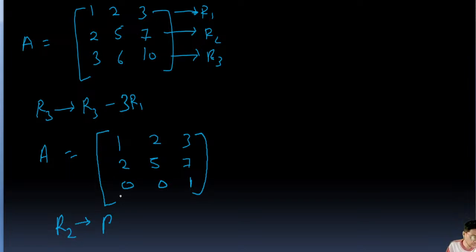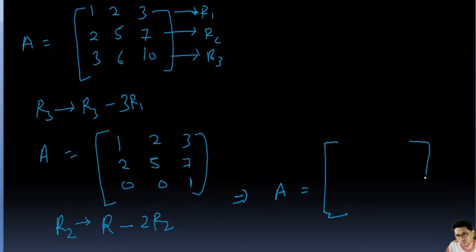We are doing the operation R2 minus 2 R1, so this element is going to be 0.